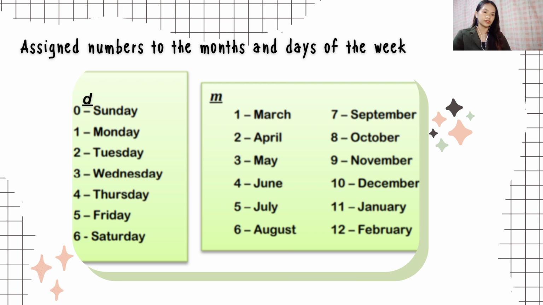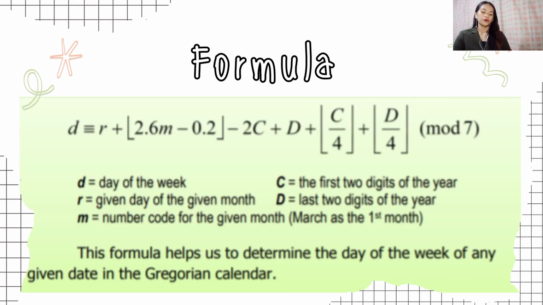Let's now proceed to the formula, which is D equals R plus the absolute value of 2.6 m minus 0.2, minus 2c plus d, plus the absolute value of c over 4, plus the absolute value of d over 4, mod 7.